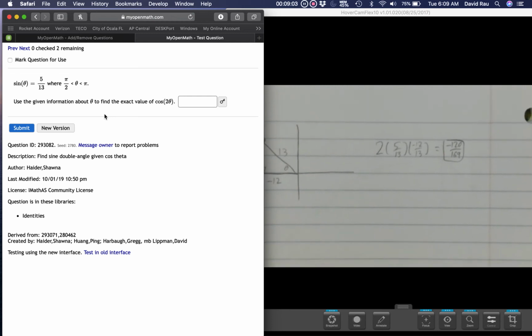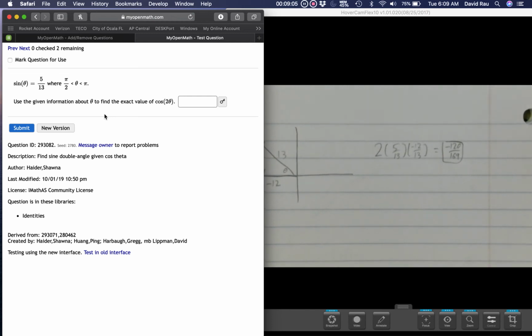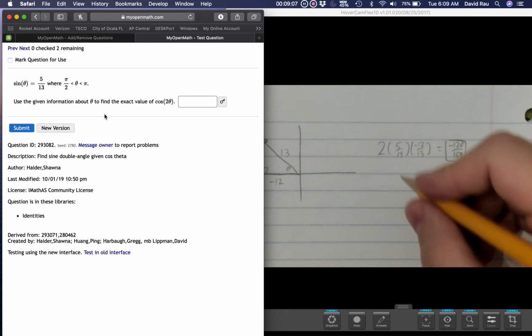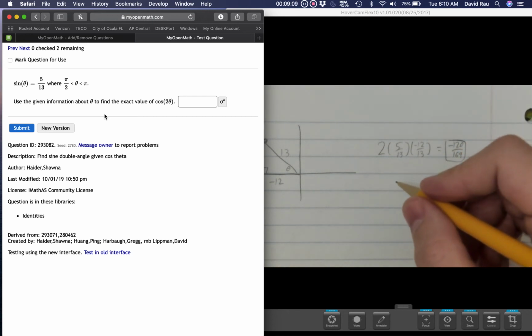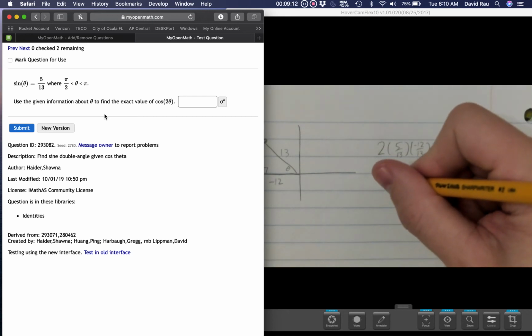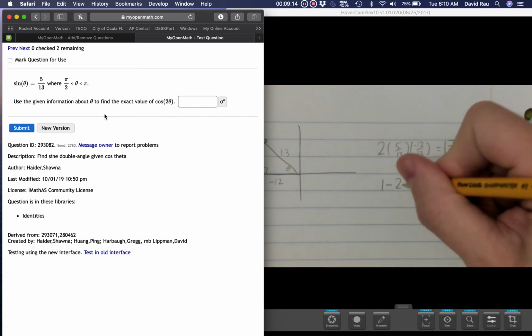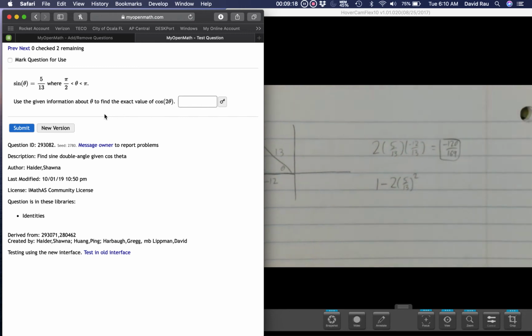Now, if I wanted to do cosine 2 theta, here's one thing that's significant. Yes, you could do the sine squared and cosine squared formula, but since you already know sine, you could just use the 1 minus 2 sine squared formula, so you don't need to do any more work.